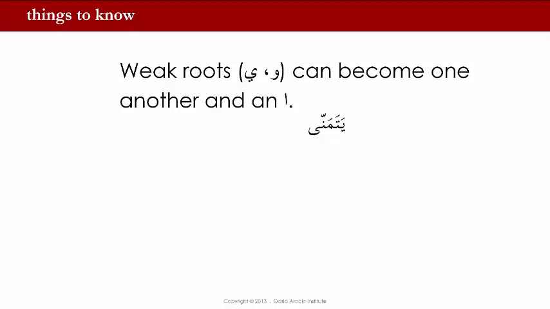So mim, noon, but alif is never a root letter. So you see here the root letter, if we looked it up in the dictionary, and we would have to look this up in the dictionary, we would look up mim, noon, wow, and mim, noon, ya, and then find out that mim, noon, ya is the root of yatamanna. But the alif can never be a root letter.